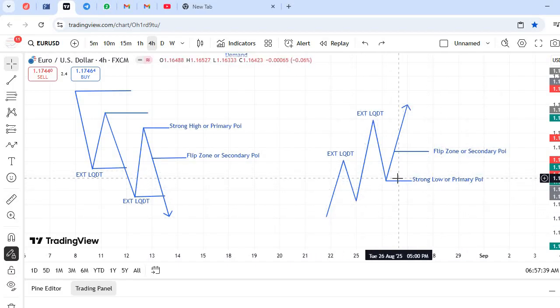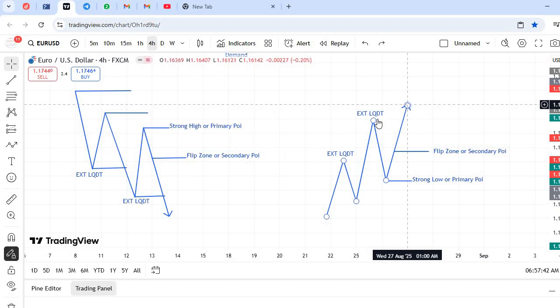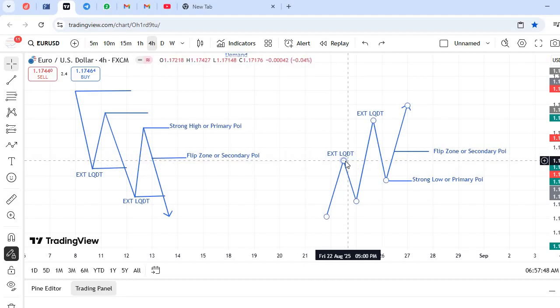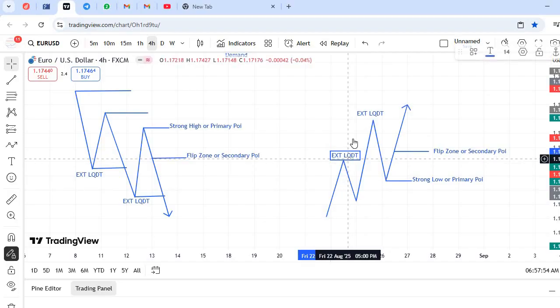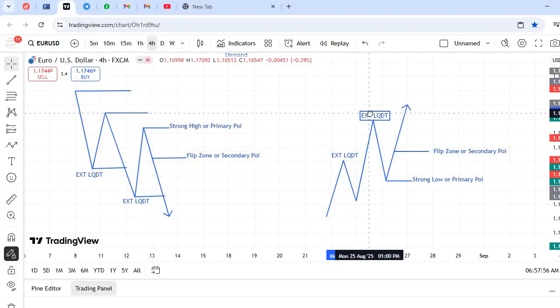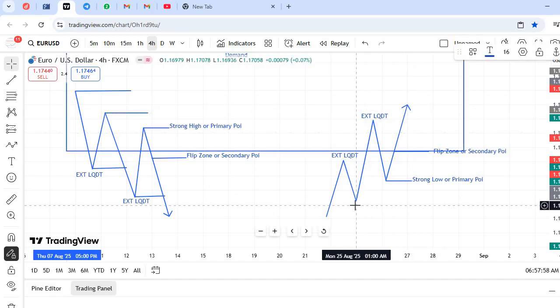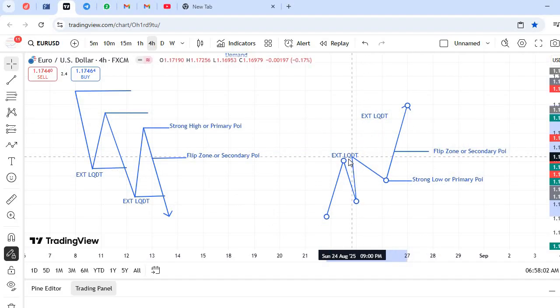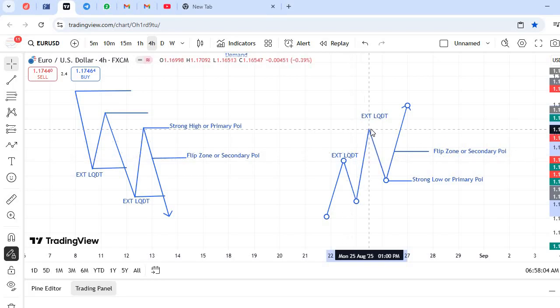Now this is the last low before this impulse move that took out this external liquidity. Now in an uptrend also, these are external liquidities. All these highs are expected to be taken out because they are weak highs and they are external liquidity. So once you have an impulse move, you can see this high has taken out this last high, so it gives us a new high.